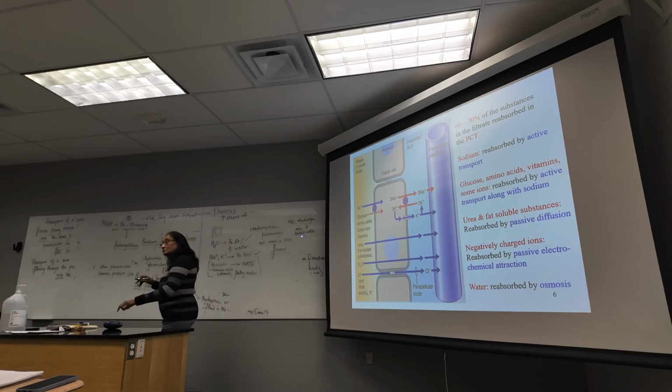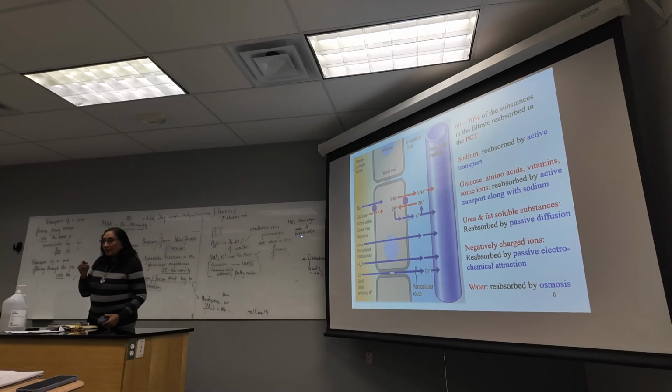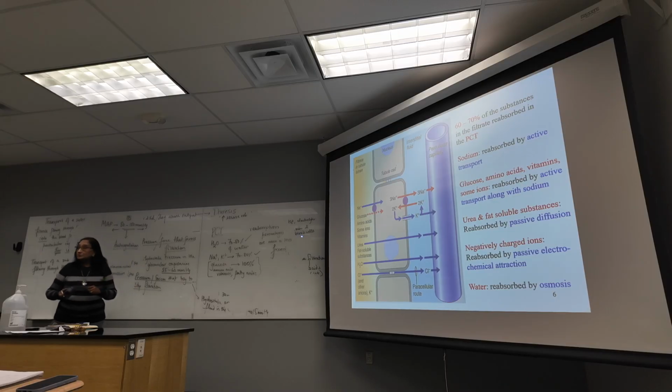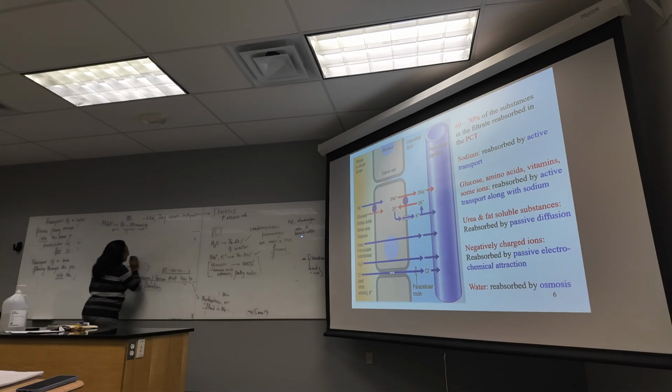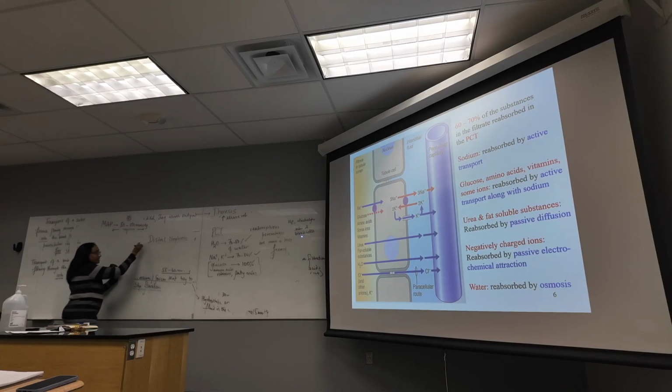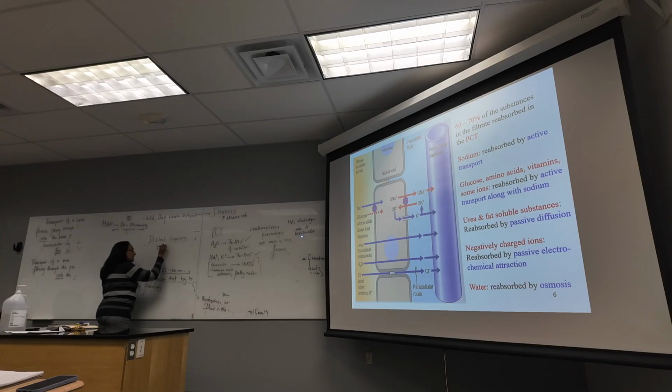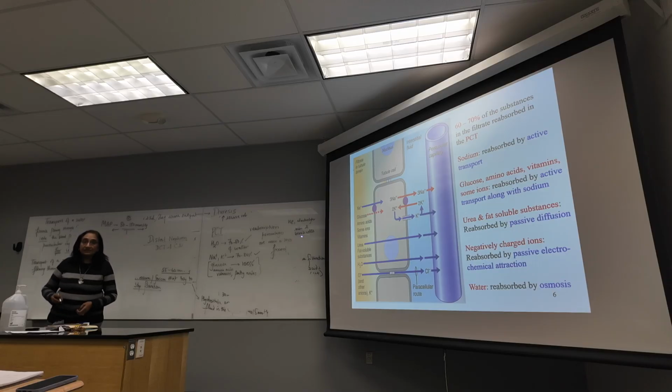So now comes the question of where the reabsorption can change if the body needs more water or more salt. Where is it going to get reabsorbed from? That is going to happen in the distal nephron. Distal nephron includes the DCT and collecting duct.